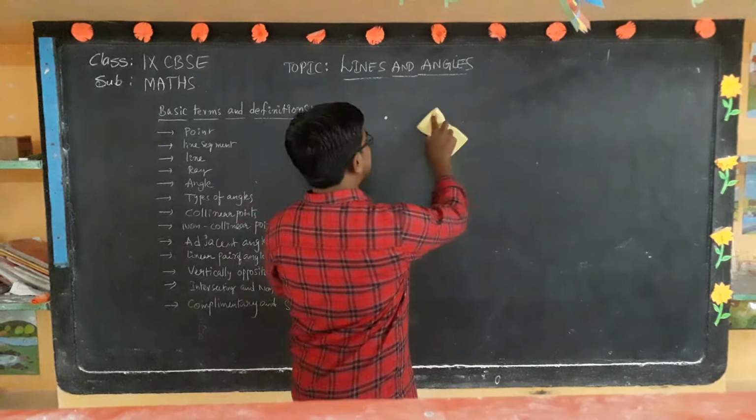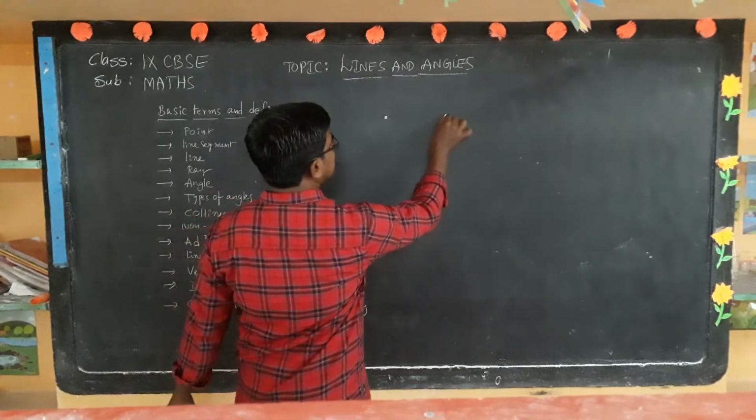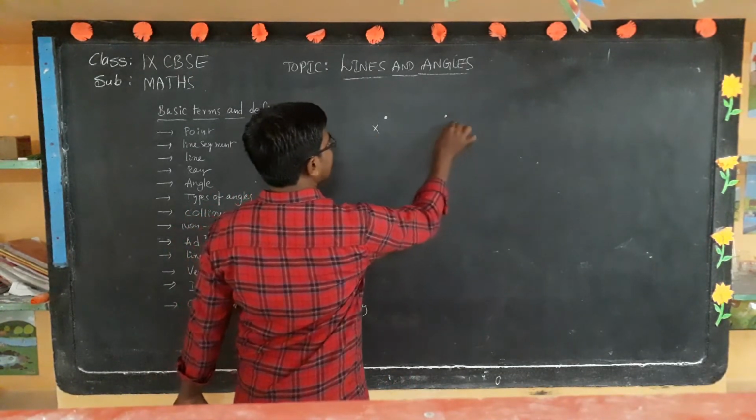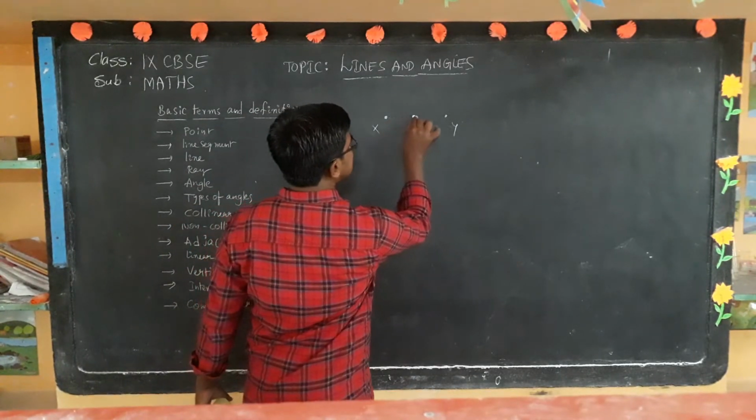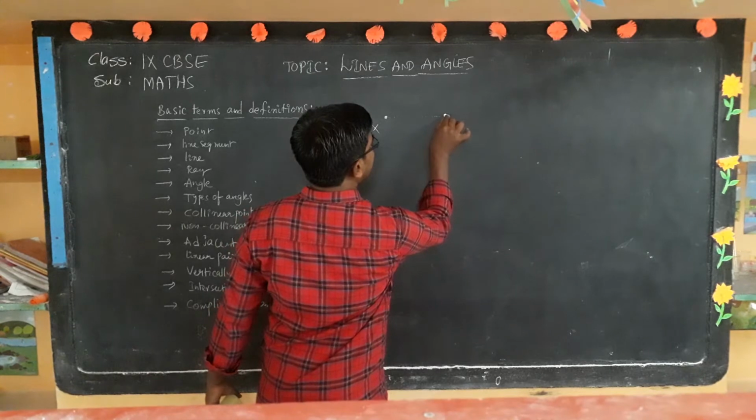Next, the distance between 2 points. If you take this point as X and this point as Y, the distance between these 2 points is nothing but an infinite number of points.